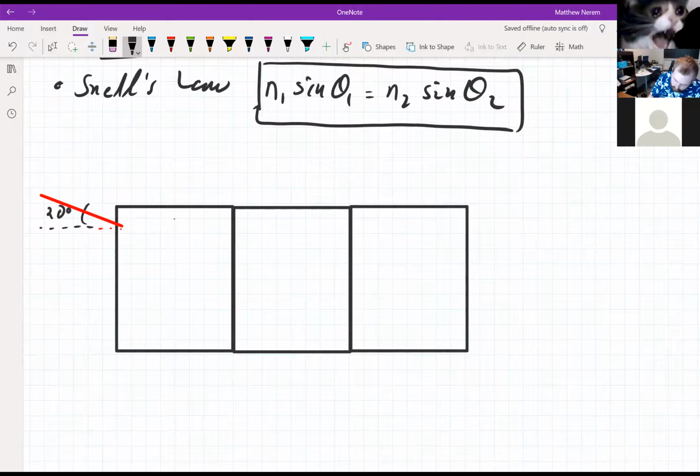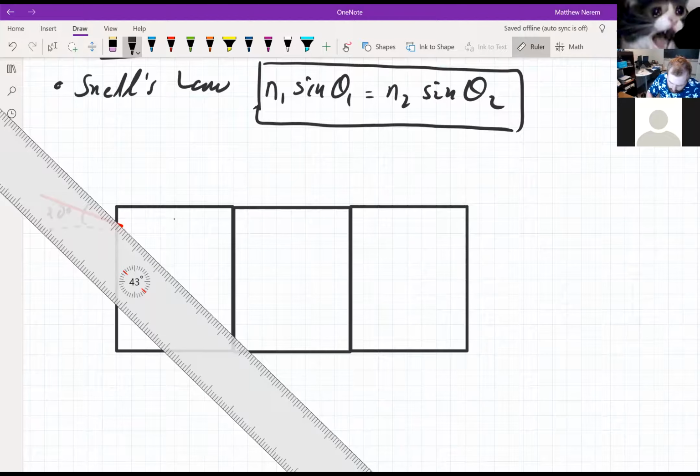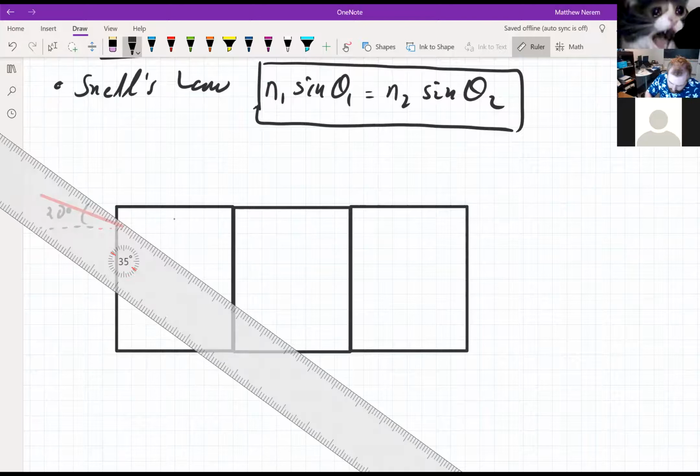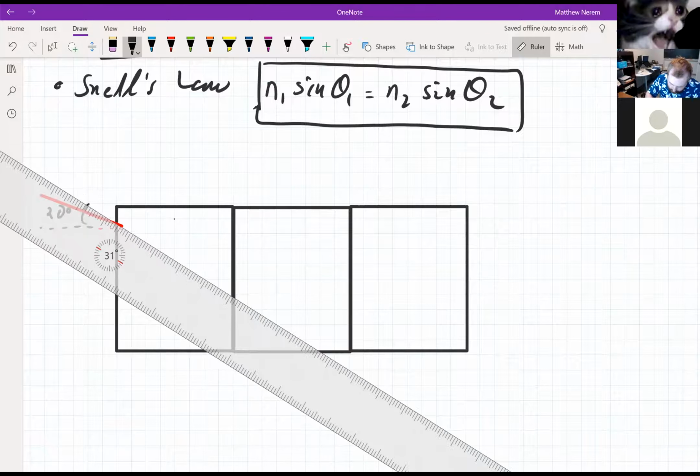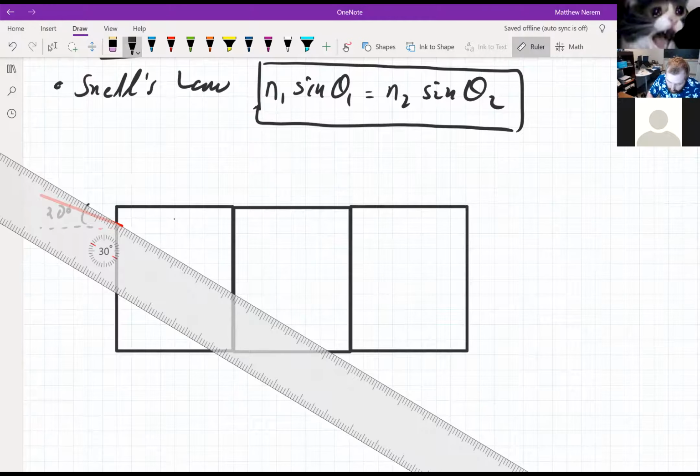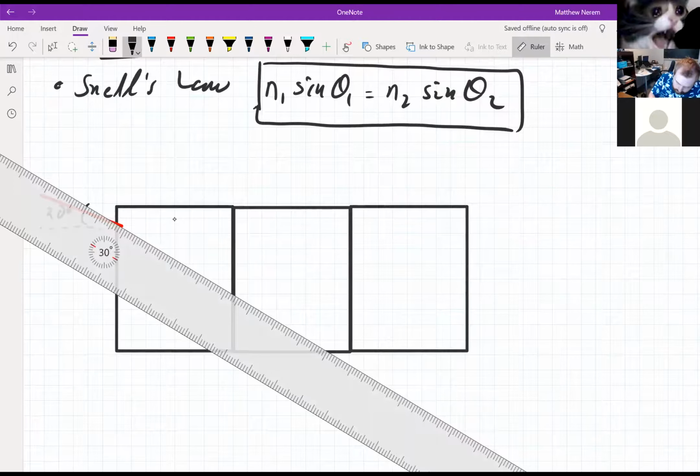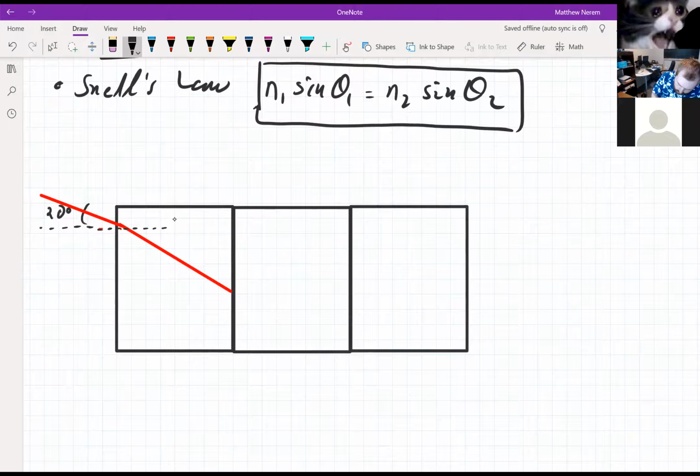All right. It's 20 degrees, and then I'll refract it out. Let's do 30 degrees. I'm putting numbers to it to try and help. So that's 30 degrees.